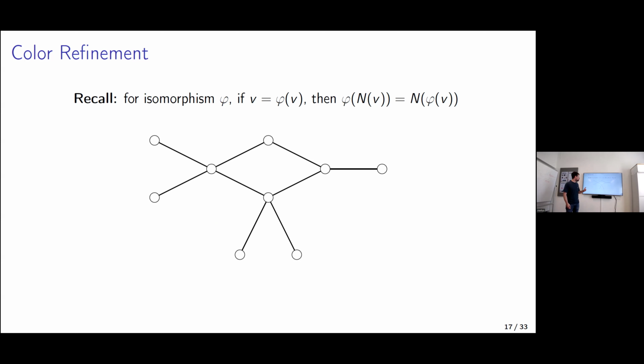In particular, this means that if two vertices have a differing degree, so for example, this one has degree 1 and this one has degree 4, then these two vertices cannot be mapped onto each other by an isomorphism. The idea is that in the first round, we count the degrees of the vertices, and then we distinguish the vertices according to their degrees.